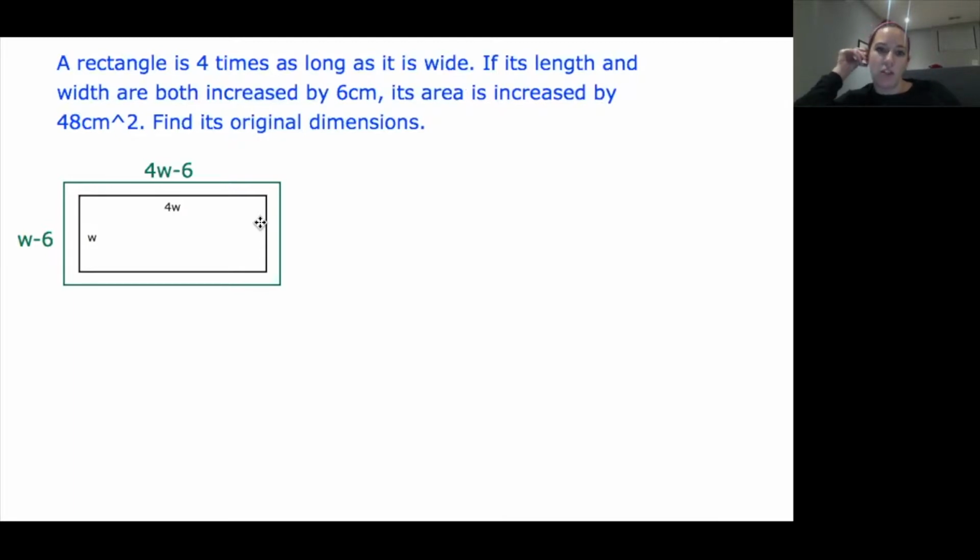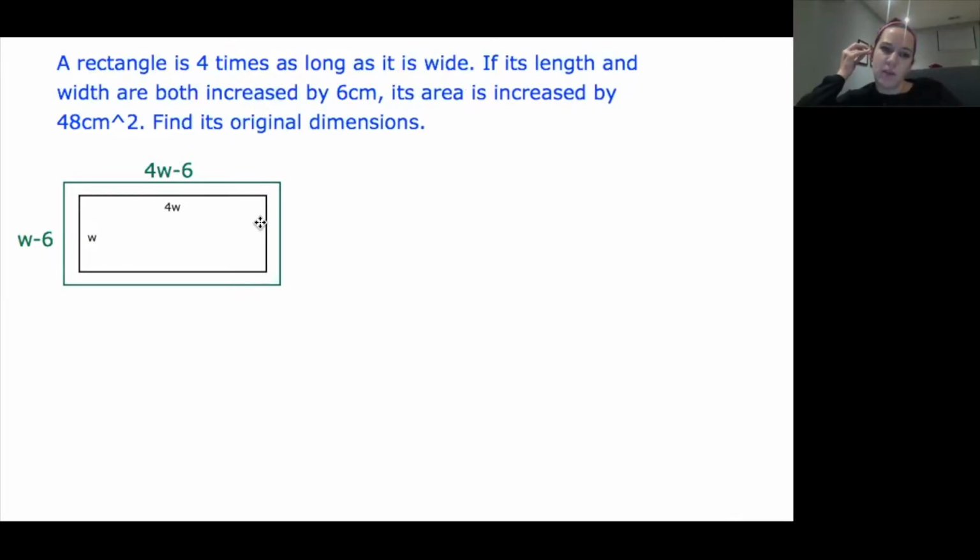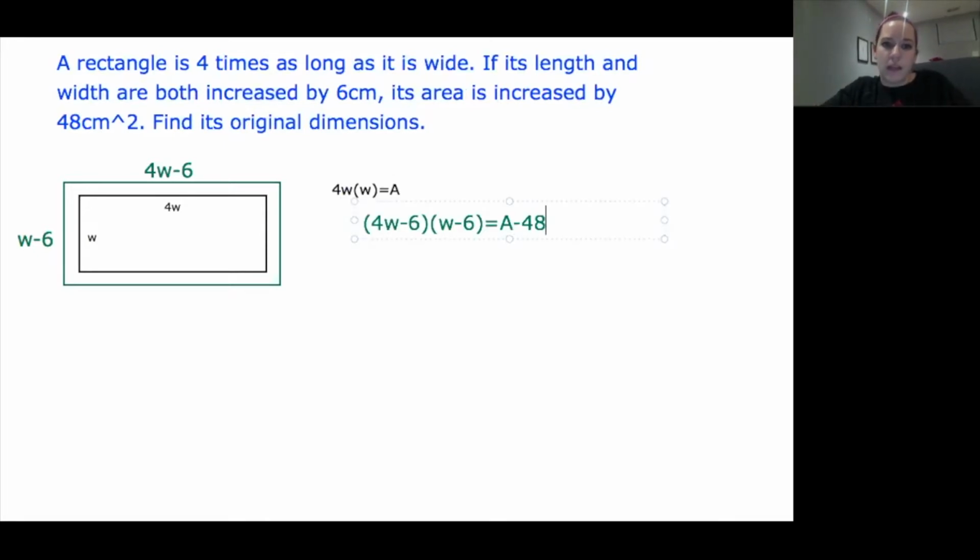We only know how much it is increased by for the bigger one. That one's just the area? Yeah, right? Like just 4W times W equals area. Yeah. 48. Okay.